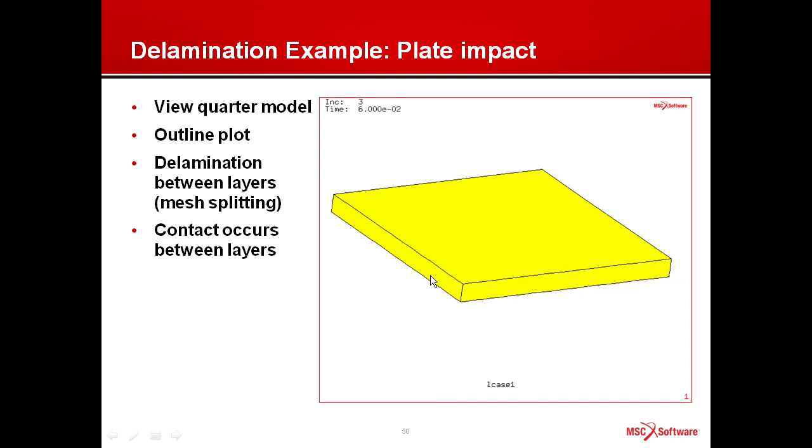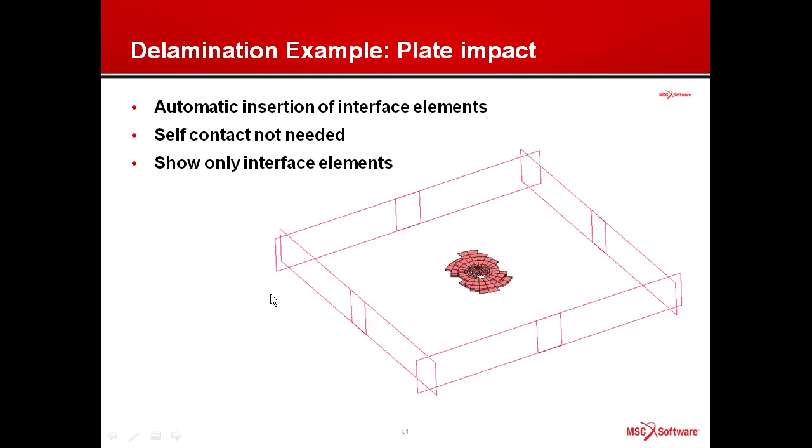In other words, they can continue to be pushed onto each other and do contact analysis after they're split from each other. And you have the option to automatically insert the interface elements as the damage occurs. This animation shows that as the delamination grows, we're inserting the interface elements automatically.